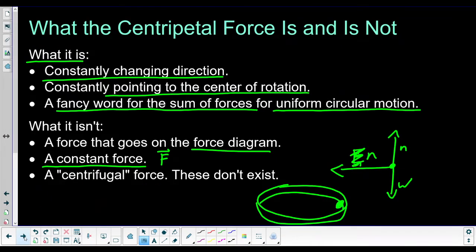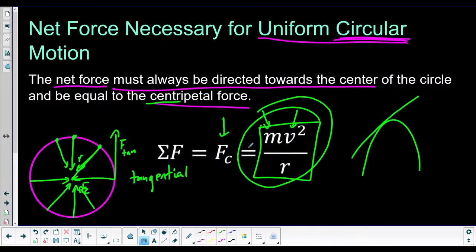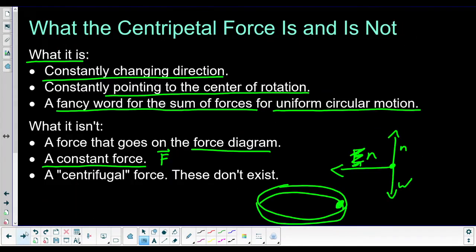The magnitude of that force is constant. It has a constant number, right? And that number is whatever you get by using this formula. It is not a constant force, though, because it's constantly changing direction, and direction changes the force. That is a different force.